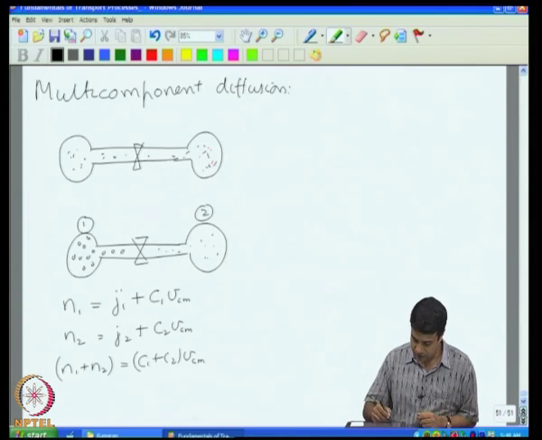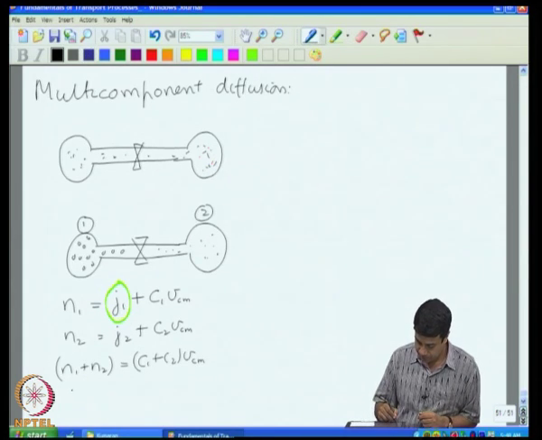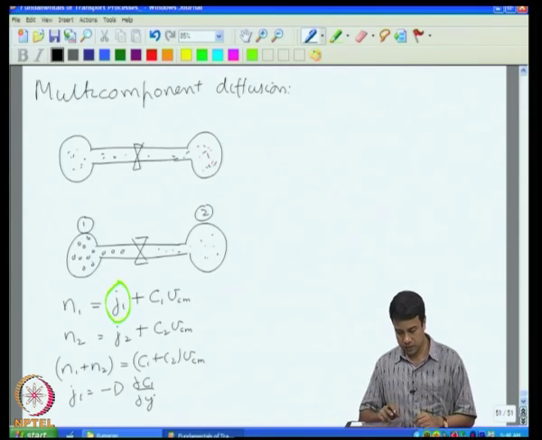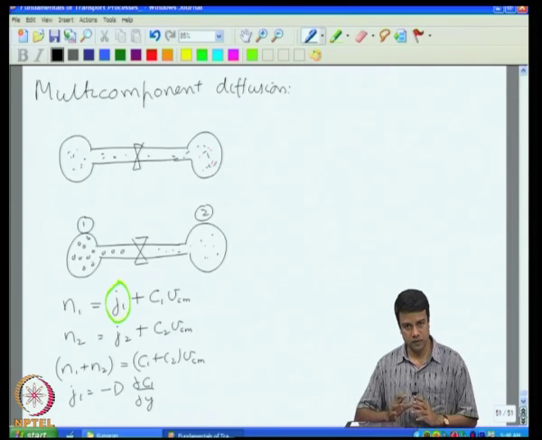Once you have done that, the diffusion flux alone, J1, is equal to minus D dC1 by dy. So, in addition to the motion of the center of mass, there is actually a flux relative to the center of mass. In multi-component systems, both of these are simultaneously present and we have to account for both of them.